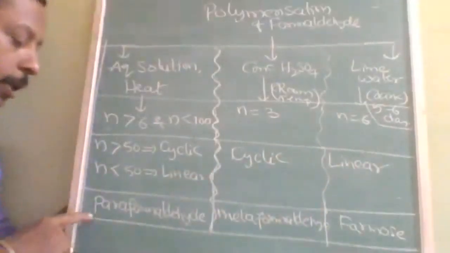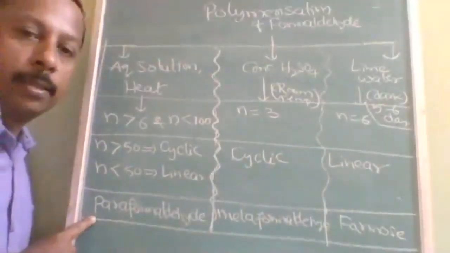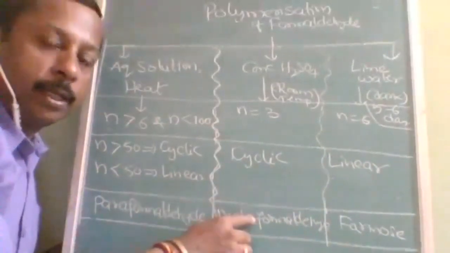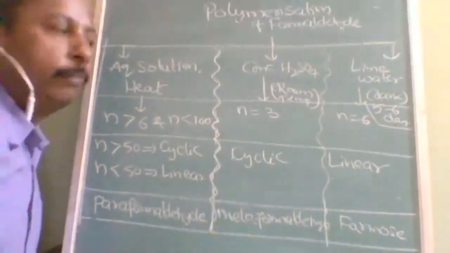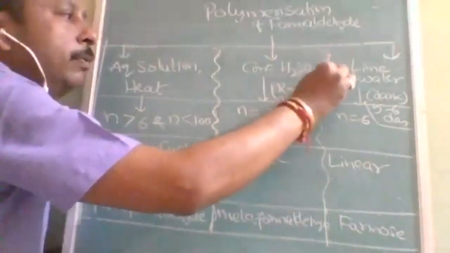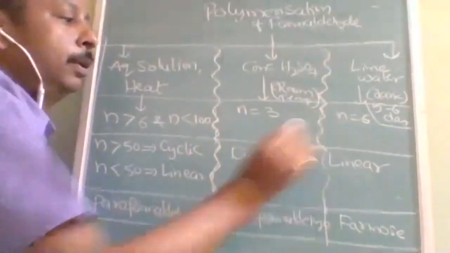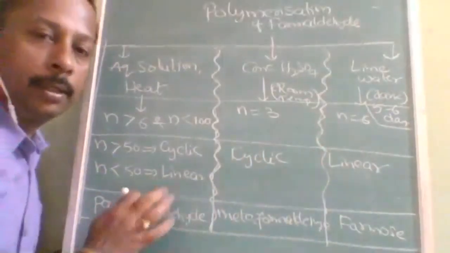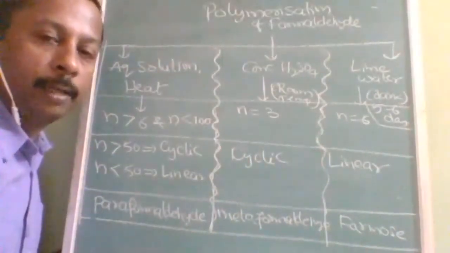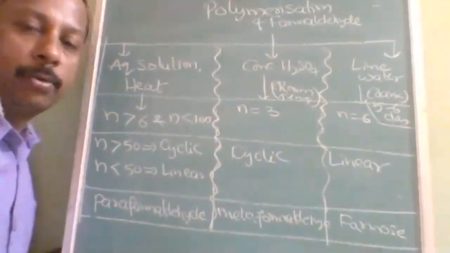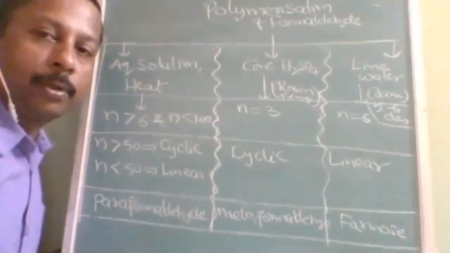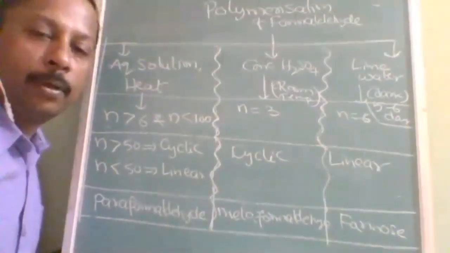The resulting product here is paraformaldehyde, this is metaformaldehyde, this is Formose. Formose, which type of solution? A sweet solution. This table is going to be very helpful to you, so better to take a screenshot, pause, or write in your notebook.